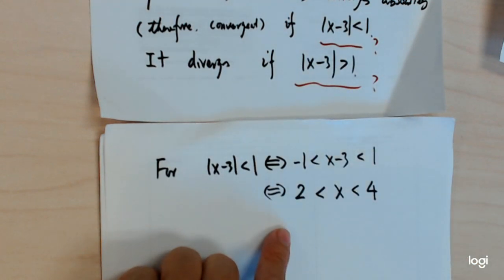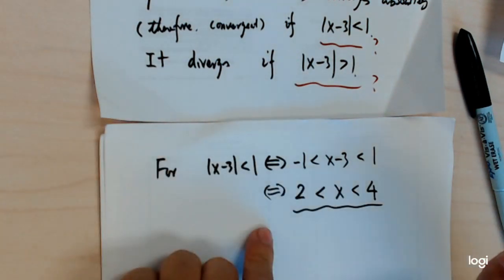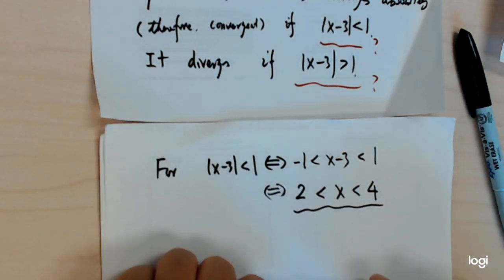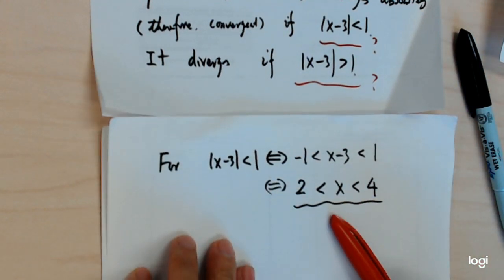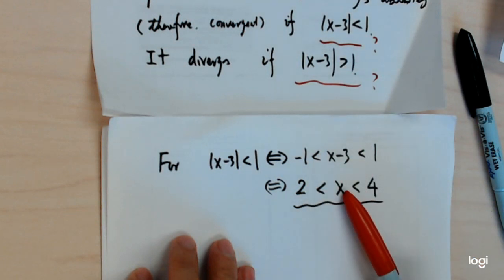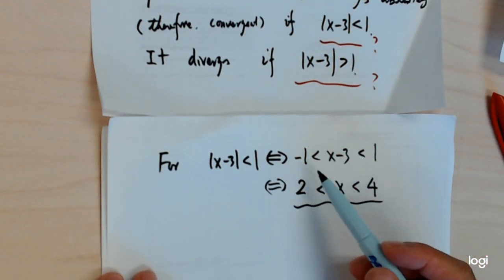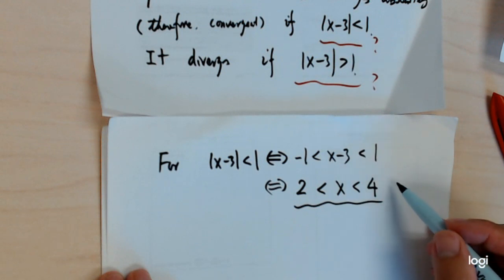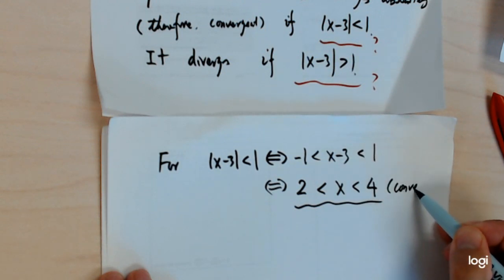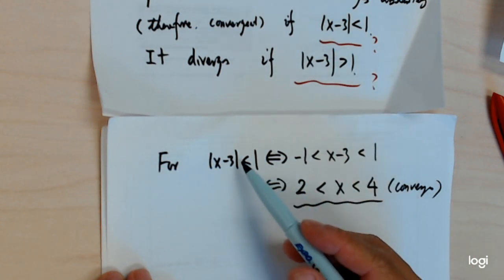On this interval, the series converges, actually converges absolutely. Outside, bigger than 1 means x will be bigger than 4 or less than 2. So I know for sure this is the interval where the series converges. But we're not so sure what happens if this equals 1.